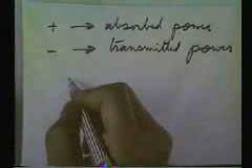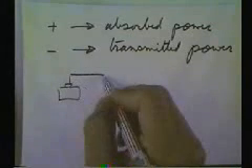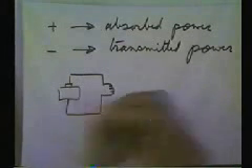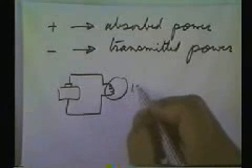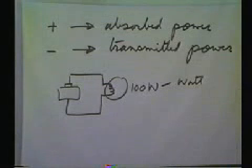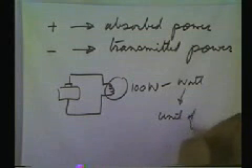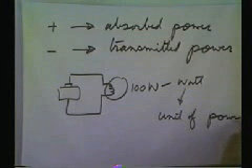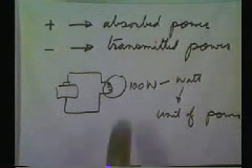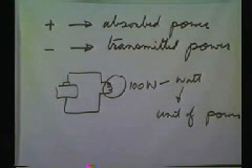So normally, for example, you have a battery, and then you have a light bulb. Say the light bulb is 100 watt. This is the unit of the power. We never call it minus 100 watt because the light bulb always absorbs the energy.